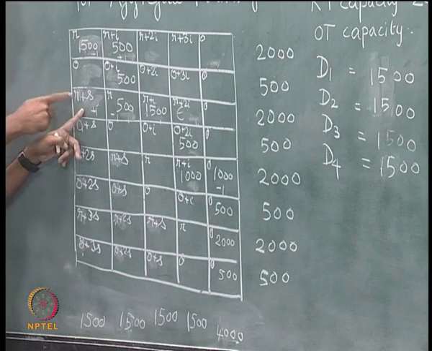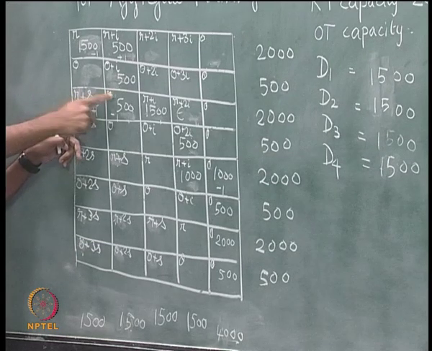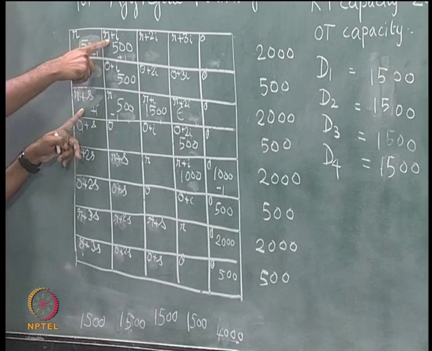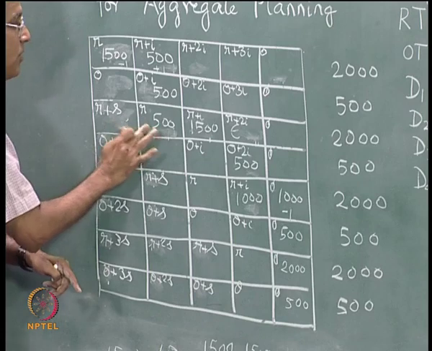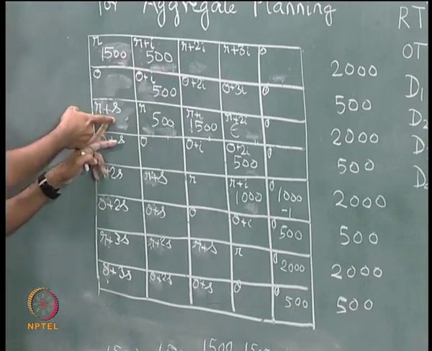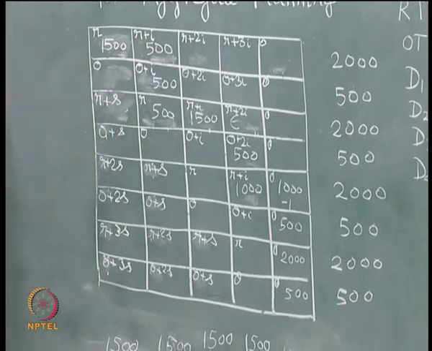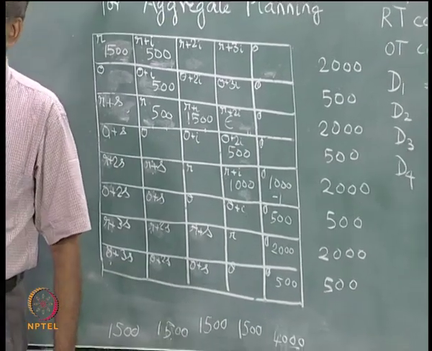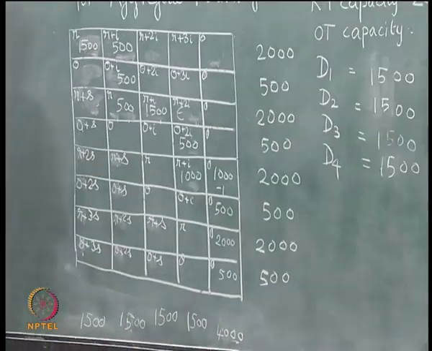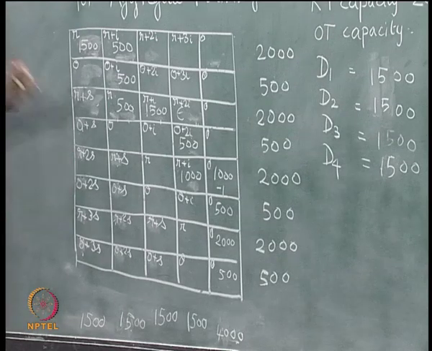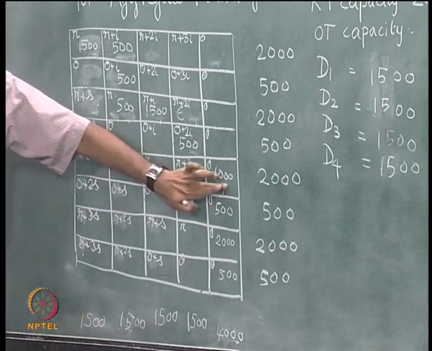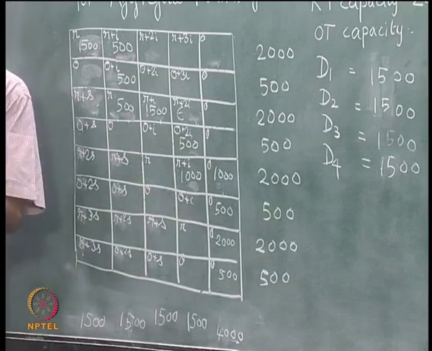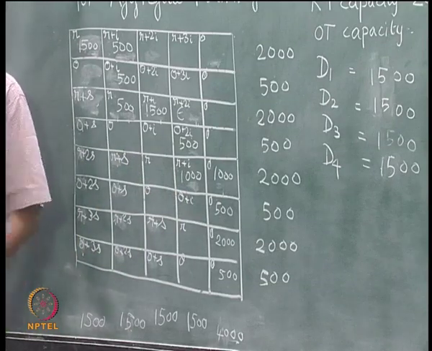So, the net change will be R plus S minus R, which is S, plus R plus I minus R, which is I, so S plus I. So, when I put a plus 1 here, there is a net change which is S plus I, it is not 0. We can still proceed by considering that the net change here is S plus I and keep proceeding towards optimality by applying the stepping stone method or the MODI method.